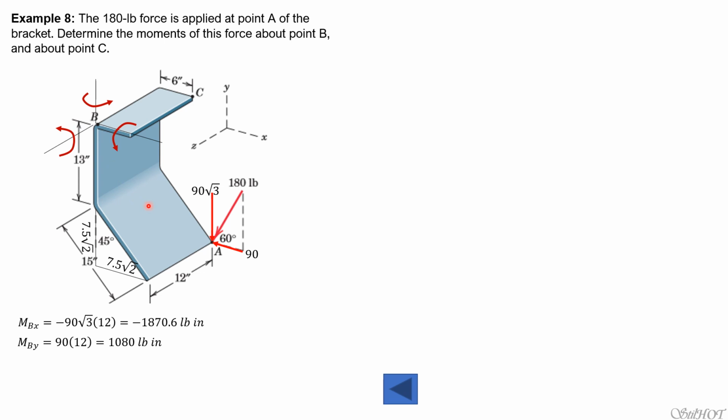Therefore, moment about the Bz axis is equal to negative 90 times the moment arm, which is this vertical distance here, 13 plus 7.5 square root of 2. The moment arm of 90 square root of 3 is the projection, equal to this distance here.